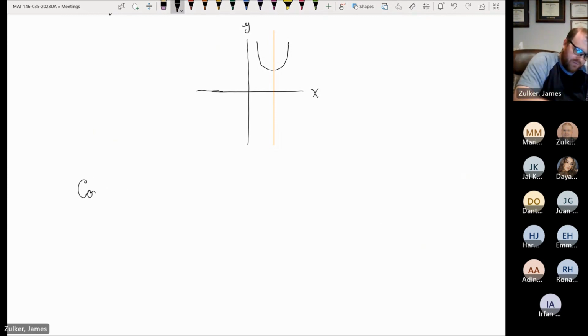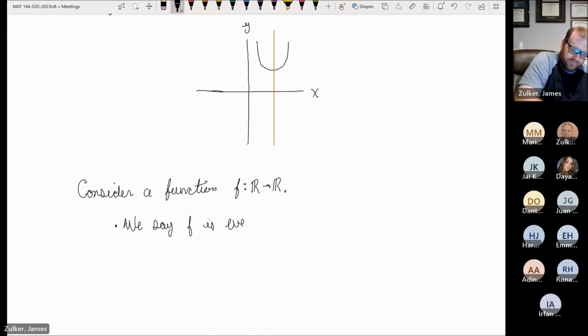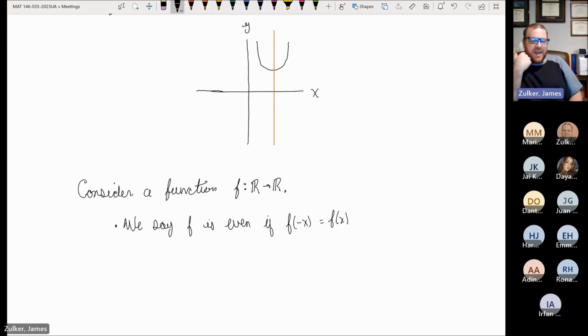Consider a function from the reals into the reals. We call f even if f of negative x equals f of x.